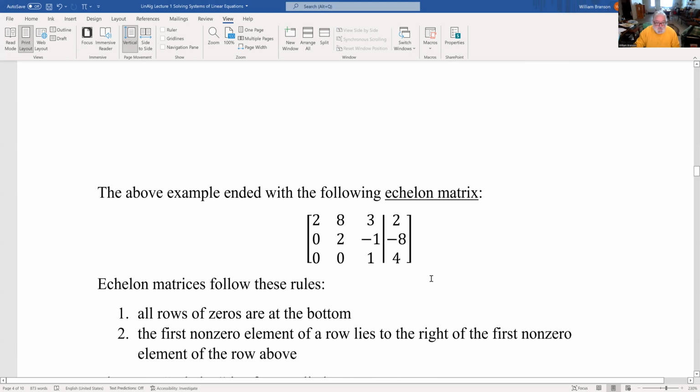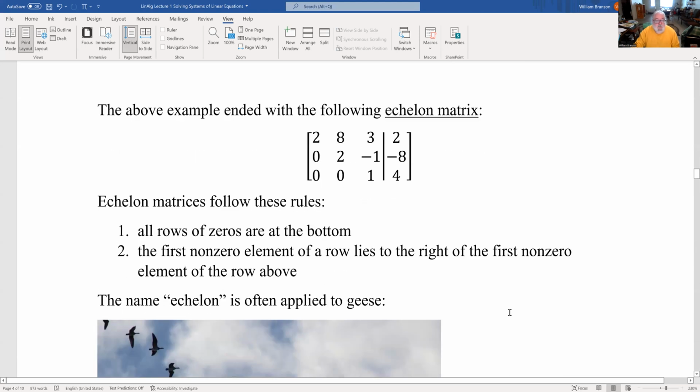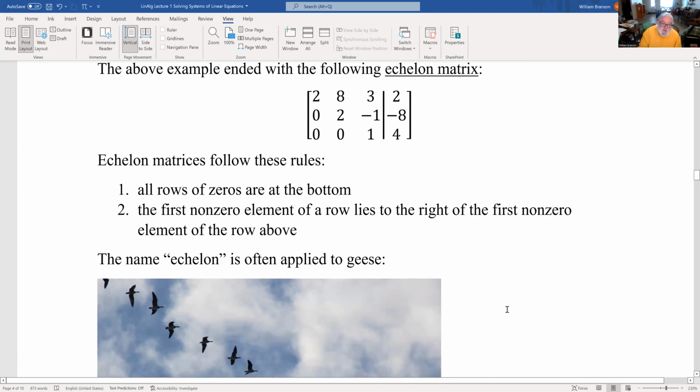Okay, so we ended up with this matrix at the end. That's our echelon matrix. It's called an echelon matrix because it's got this line of numbers, and below it to the left, everything is 0. Echelon matrices have this rule: all rows of zeros are at the bottom. We don't have any rows of zeros, but if you did, you can always switch rows to put them on the bottom. And the first non-zero element of a row lies to the right of the first non-zero element of the row above. So this 2 is the first non-zero element in row 2, and it's one column to the right of the 2 there.